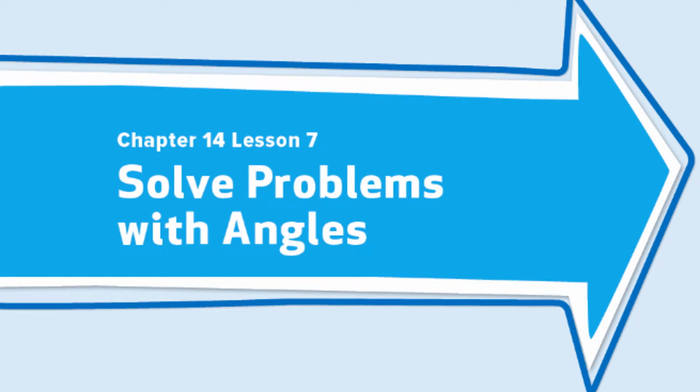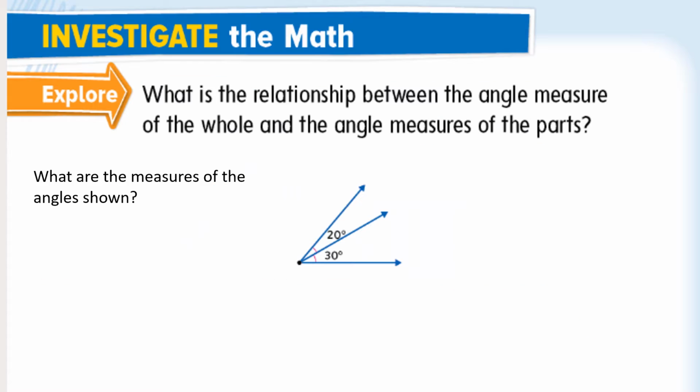In math today, we're moving on to Chapter 14, Lesson 7. We're going to solve problems with angles. So let's take a look at these angles. They're asking what is the relationship between the angle of the whole thing and the parts.